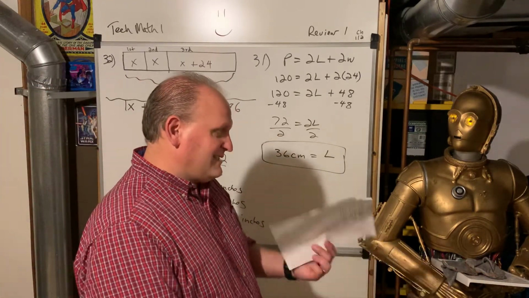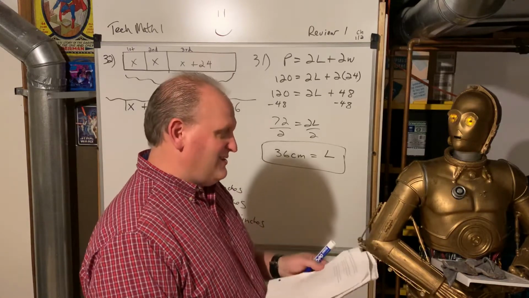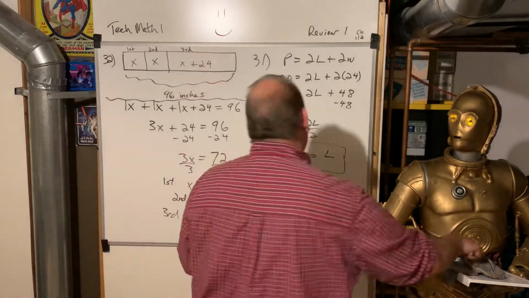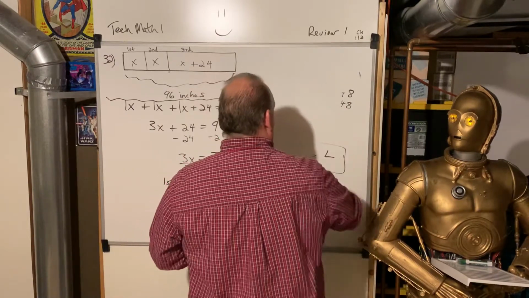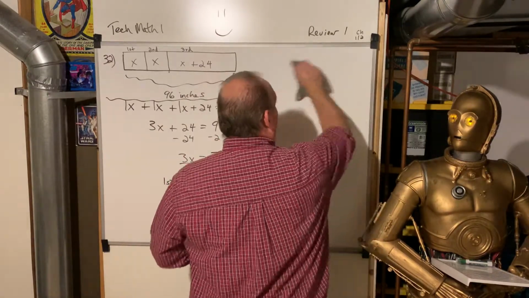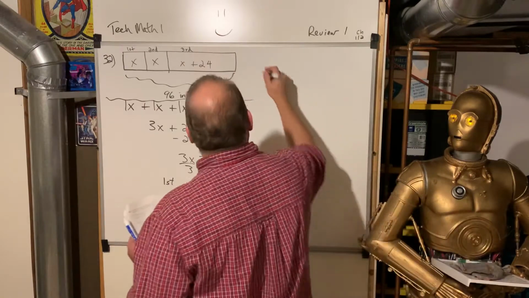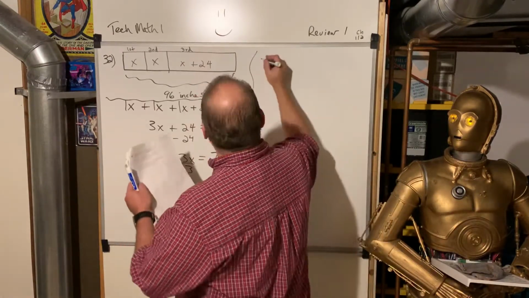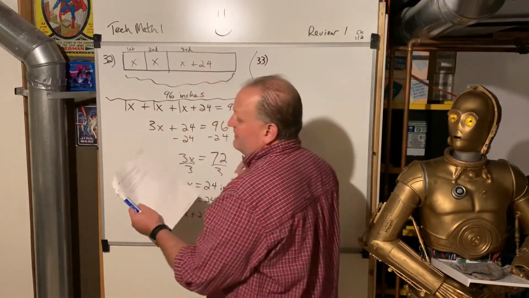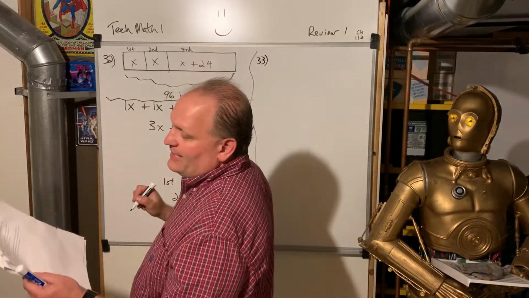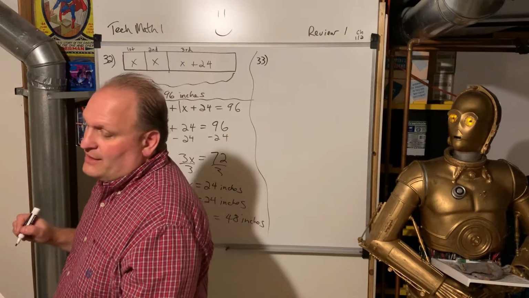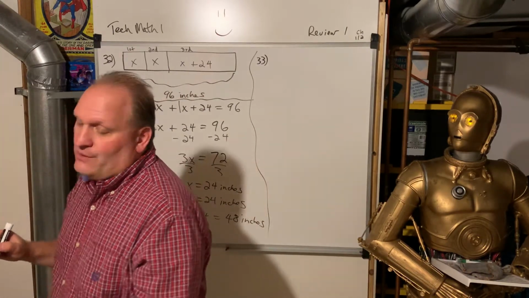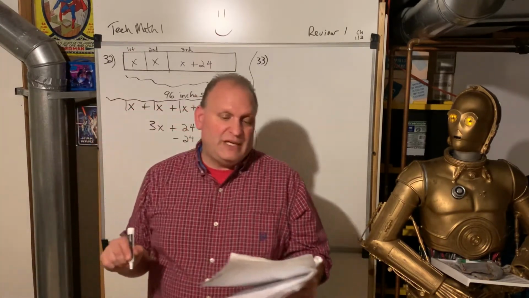All right, let's look at the last page, 33, 34, and 35. 33 is a distance problem. A train traveled from city A to city B in 4.5 hours at 72 miles per hour. The return trip was made in 4 hours. Find the speed of the return trip.